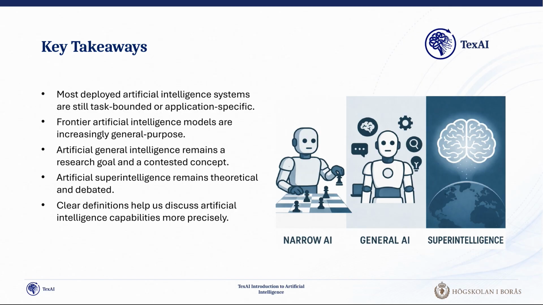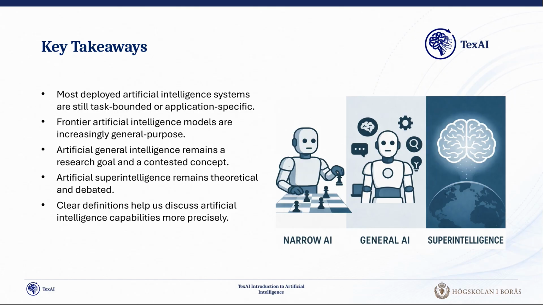At the same time, the strongest frontier models are no longer easy to describe as only narrow systems. Many of them are better understood as general-purpose artificial intelligence models, because they can support many different kinds of tasks, such as writing, coding, reasoning, image understanding, and planning.